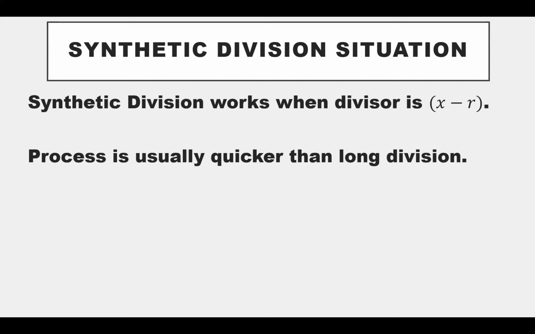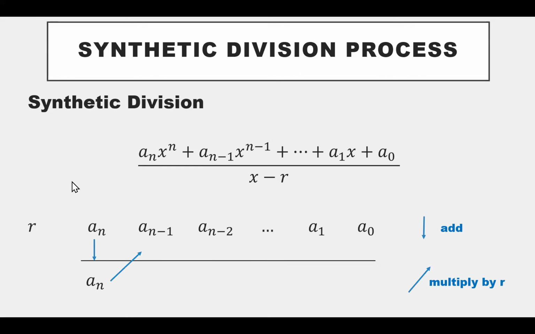So x minus a real number being the divisor is really the only way we'll see. And it's a process that's generally quicker than long division. So it's worthwhile to figure it out. So here's what we usually do.